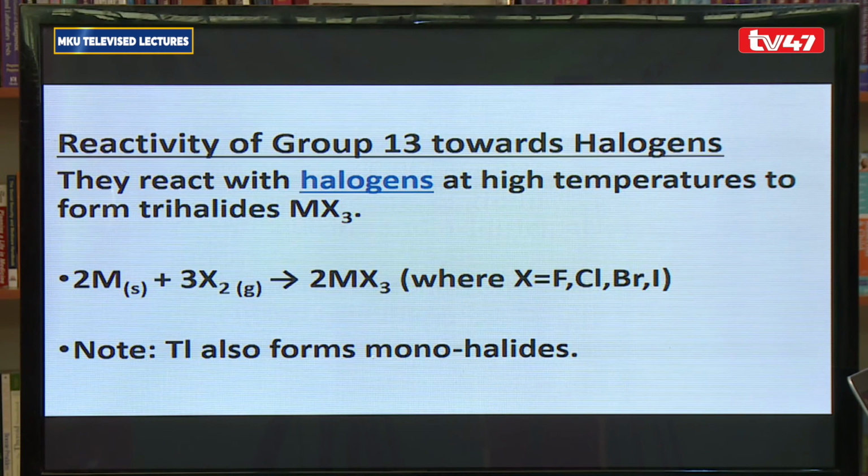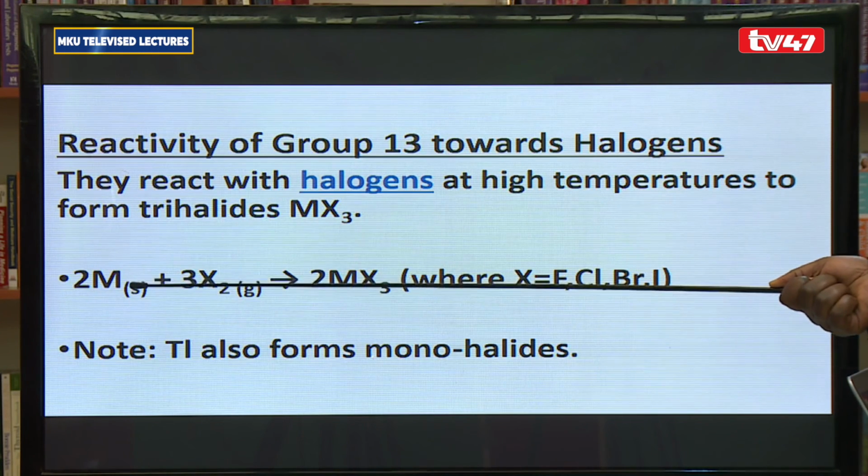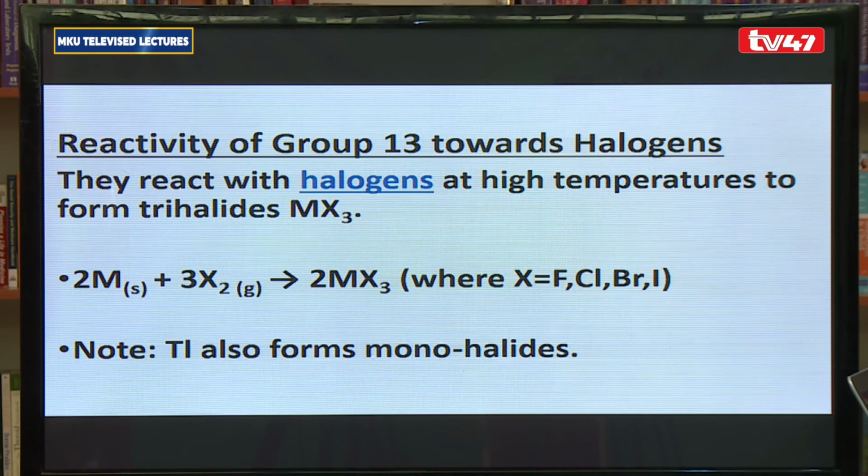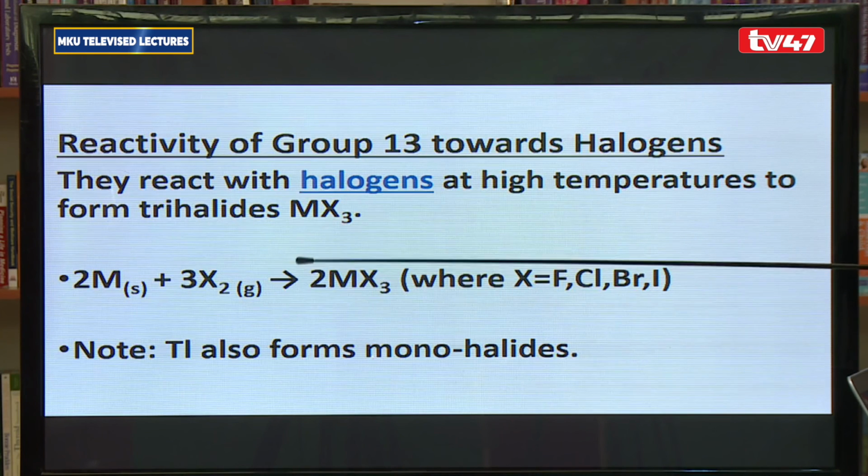Now all the group 13 elements react with halogens at high temperatures to form the trihalides. So where M is any of the group 13 elements, if you react it with a halogen like chlorine or bromine, you're going to get the metal trihalide.